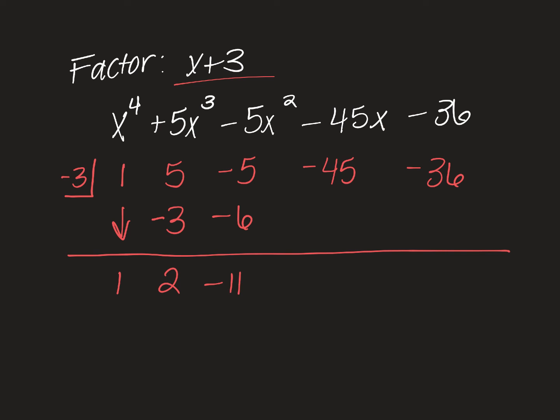The -11 times -3 is positive 33. And plus -45 is mental math that I don't want to do this early in the morning. Yep, -12. Then times -3 is positive 36, and we get our 0.